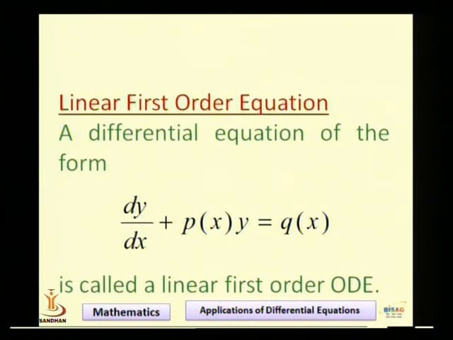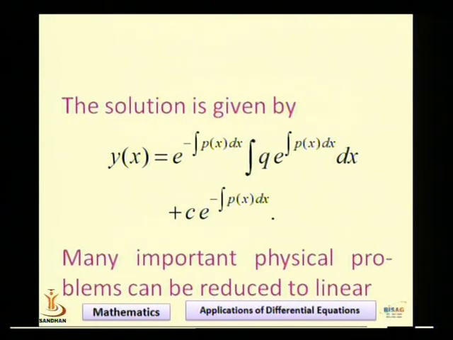A differential equation of the form dy by dx plus p of x into y equal to q of x. This is the general form of a linear first order equation, where p and q are functions of x alone.